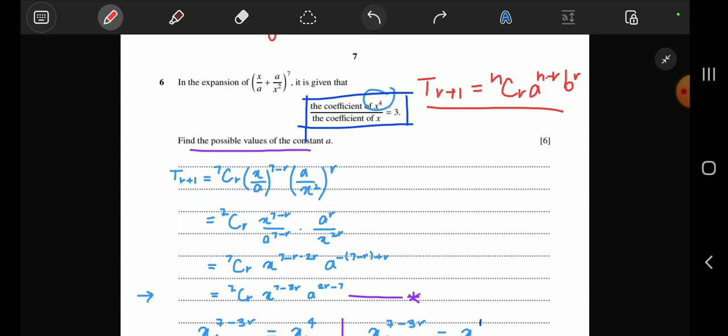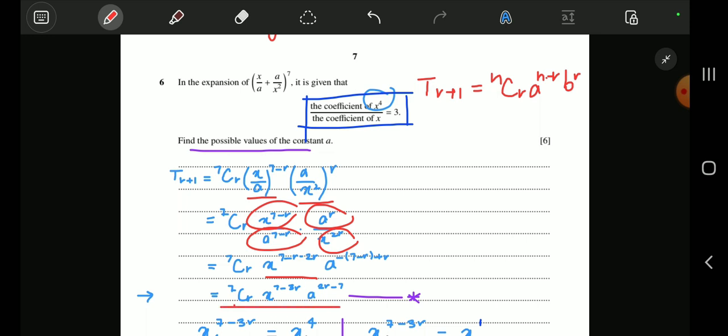Okay, then in the next step, distribute your powers to the numerator and the denominator for both x over a and a over x square. Then you have to separate the x terms and the a terms. So x power will become (7 minus r) minus 2r, and a power will become r minus (7 minus r). Okay, so we'll do this and then simplify this whole. We'll get the required term.